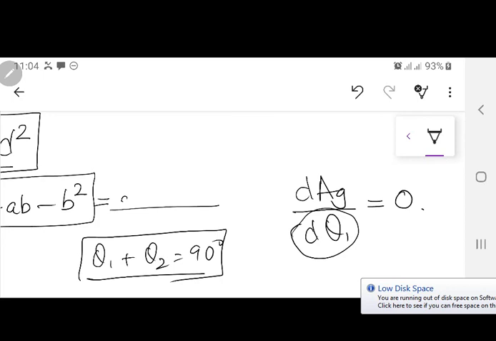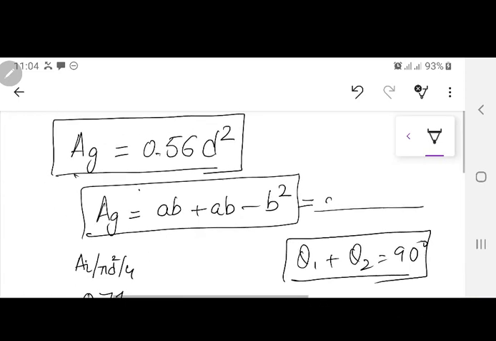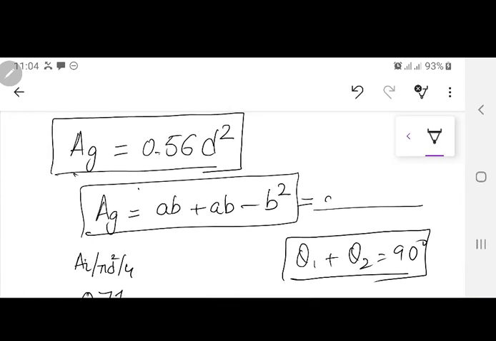Now in the 3-step core, which is the assignment, you have theta 1, theta 2, theta 3, and theta 1 plus theta 2 plus theta 3 should be equal to 90. So you just have to make that in terms of one variable, use it in the gross area equation, differentiate with respect to that variable, equate it to 0, and you have the answer. Just do some brainstorming on this.